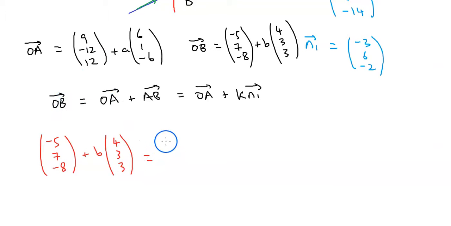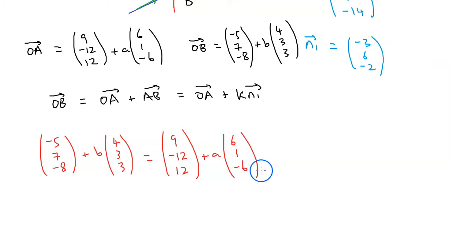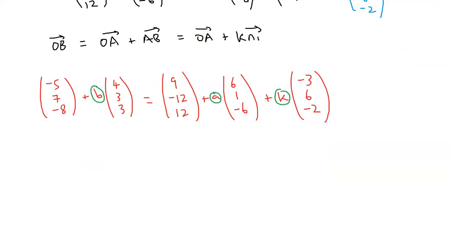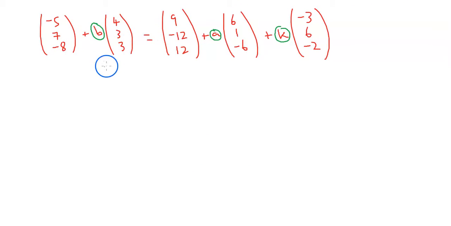That's equal to OA, so 9, negative 12, 12 plus A times 6, 1, negative 6, plus AB, which is equal to K times n1, so plus K times negative 3, 6, negative 2. And these are the unknowns, the B, the A, and the K. And so we have 3 linear equations with 3 unknowns.